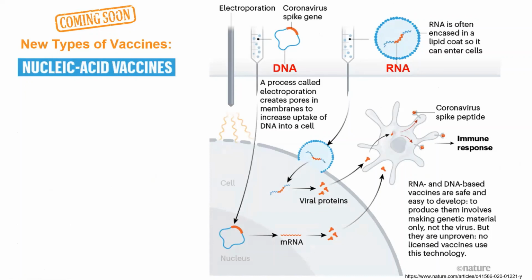The whole idea here is rather than inject, let's say, a viral spike protein, let's just inject RNA or DNA that codes for that protein. You inject the RNA, let's say, and the RNA gets into your tissues, and your tissues read the RNA by the ribosomes, and they make a viral protein, and then your immune system can have a response.